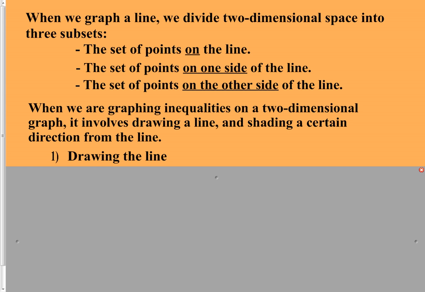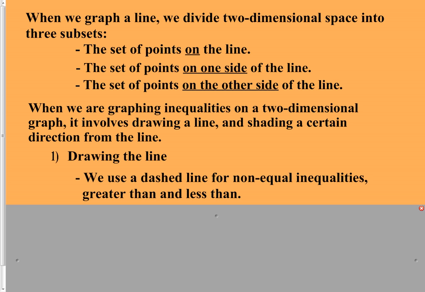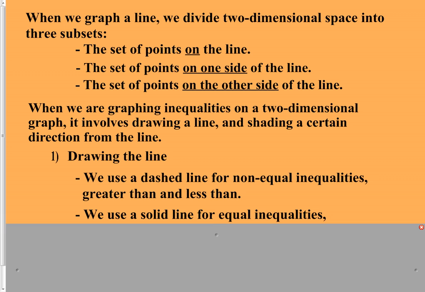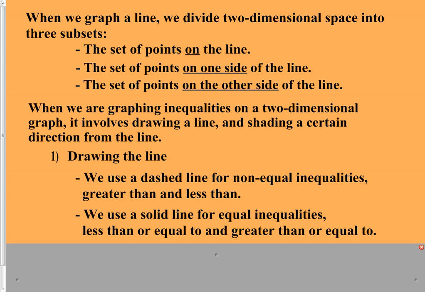All right, so our two steps are, first, drawing the line. We use a dashed line for the non-equal inequalities, such as greater than and less than. On the other hand, we use a solid line for the equal inequalities, which are less than or equal to and greater than or equal to.